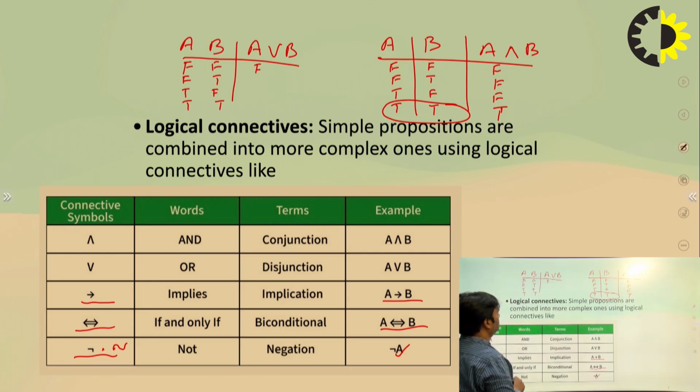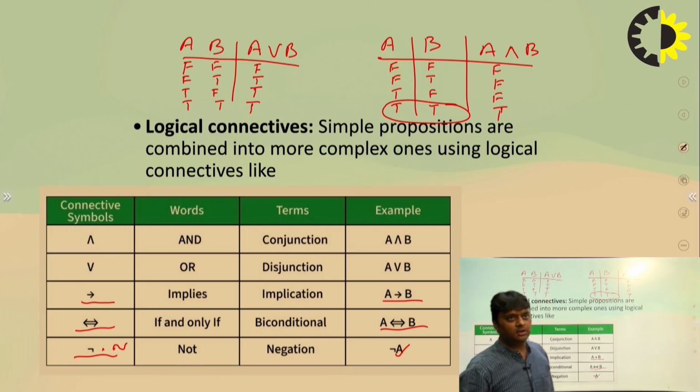If any one is true, then the output will be true. So here A is false, but B is true, then the result is true. Here A is true, B is false, the result will be true. If both are true, the result is also true, meaning any one should be true, then the answer will be true. If both are false, then the answer will be false.